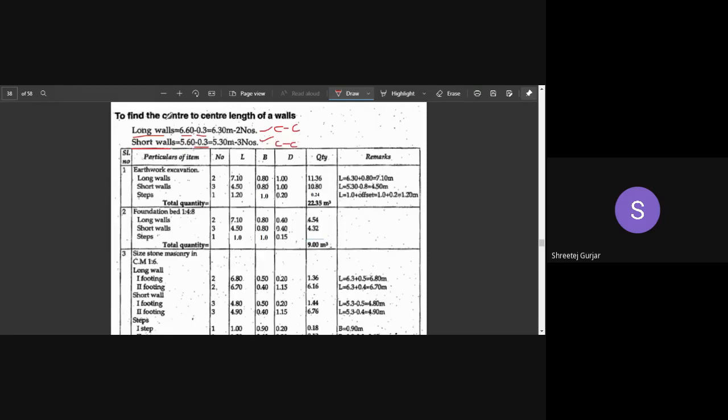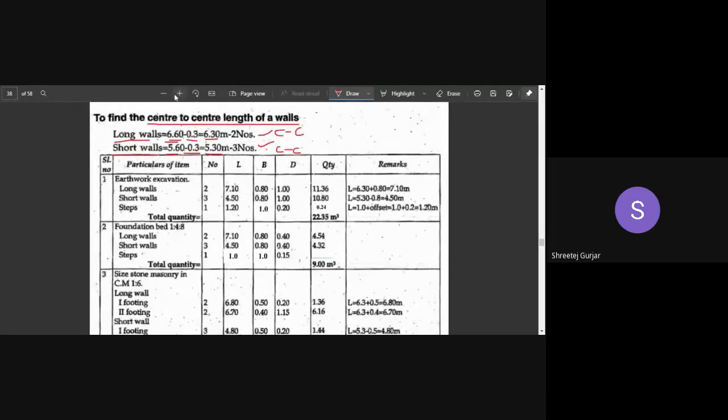So 6.6 minus 0.3, so 6.3, and 5.6 minus 0.3, it is 5.3. This is how you get your center to center length of your long wall and short wall. I've shown you in your plan which is your long wall and which is your short wall.